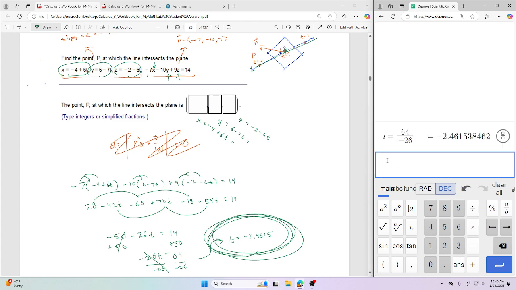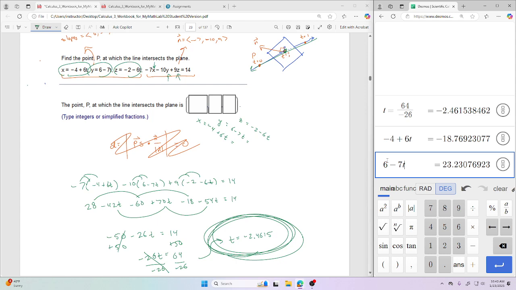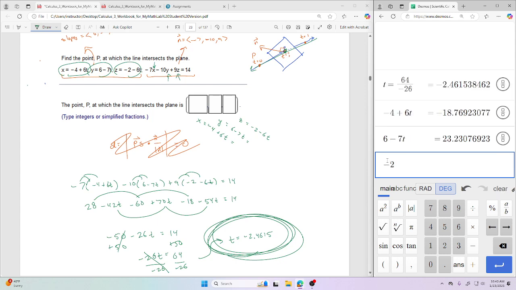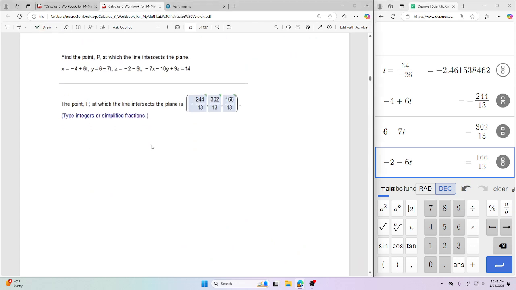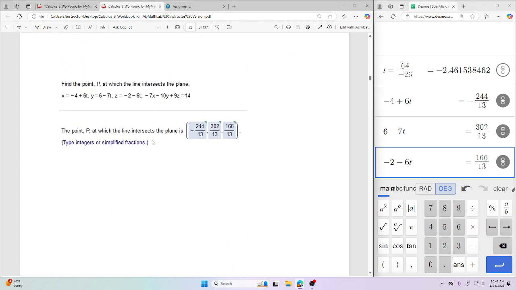And then I can just type the other stuff: -4 plus 6t, 6 minus 7t, and -2 minus 6t. So it's kind of like already taken care of for me. Fraction, fraction, fraction. Let's pause for a second here. That looks crazy. But let's go to the answers. What do they got? Oh, what do we got? Is it it?